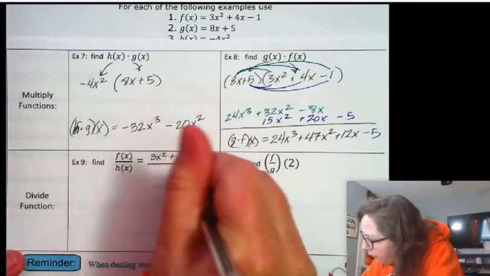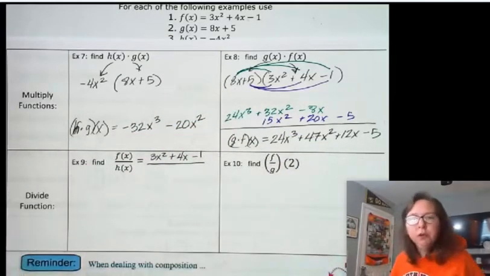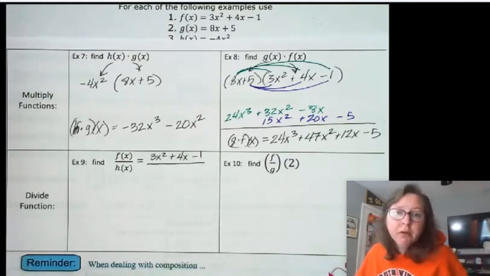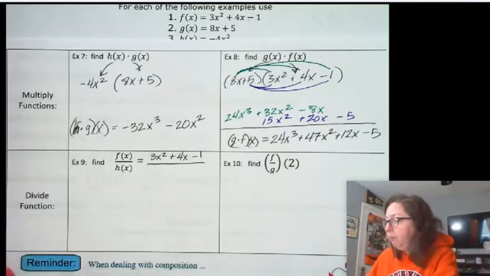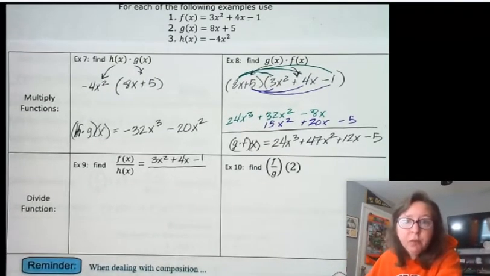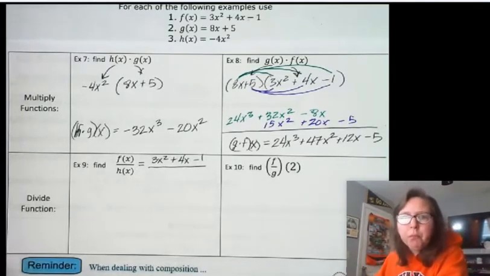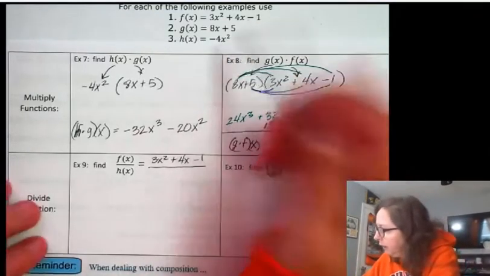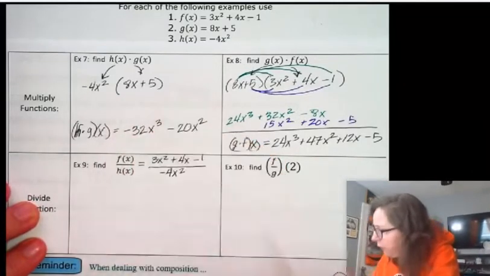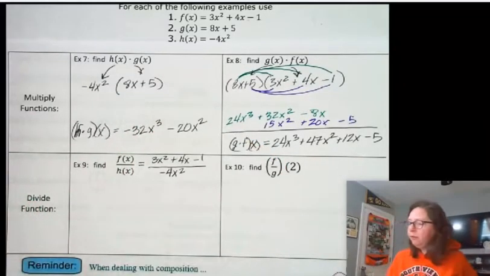Now we are using the same functions over and over, but these functions can be whatever a problem says that they are. It doesn't always have to be these three functions. H of x is negative 4x squared.